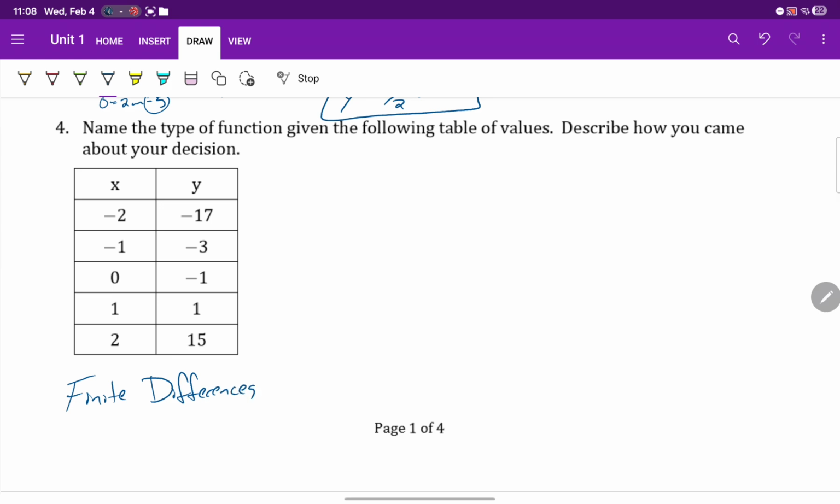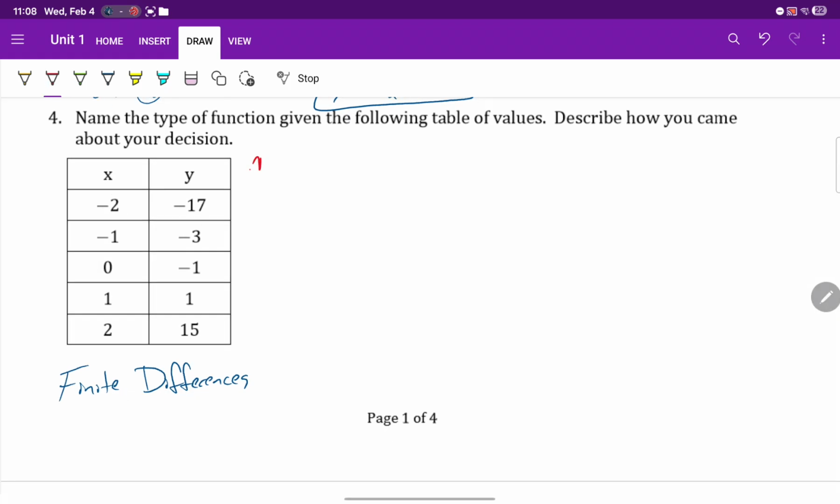This is where you take the difference between your y values. So you start with what's called our first differences. To determine your first differences, you subtract your y values, and you start from the bottom. What's 15 minus 1? That's 14. What's 1 minus -1?